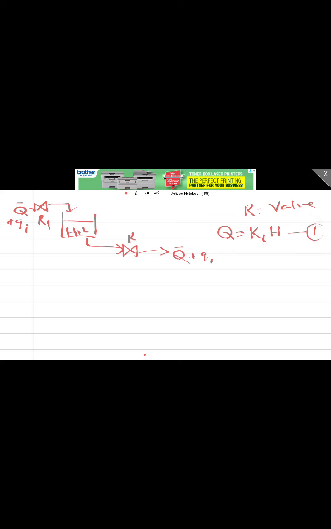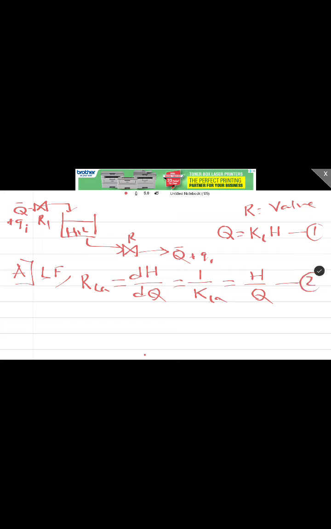Now for laminar flow, you just remember, the resistance R laminar, which you can write as RLA, is given by dH by dQ, where dH means change in height or level and dQ is the change in flow rate, equal to 1 divided by KLA, and it is given by H divided by Q. This is equation number 2.